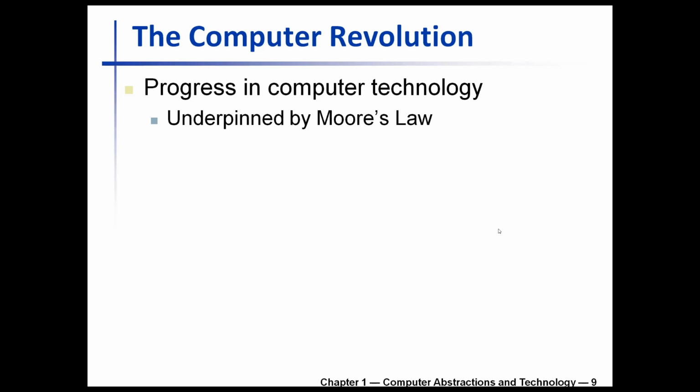We don't need to attack it right now, but generally what this person said was that the number of transistors that we can put onto a computer chip will double every 2 years. It is not a law, right? It's not a law as, say, the law of gravity. It's more like a prediction.